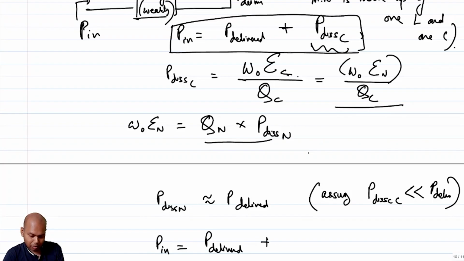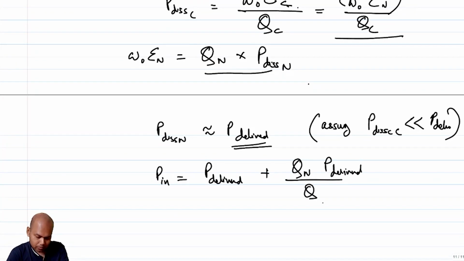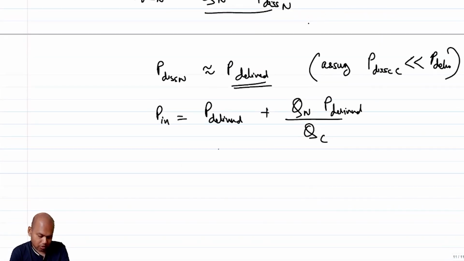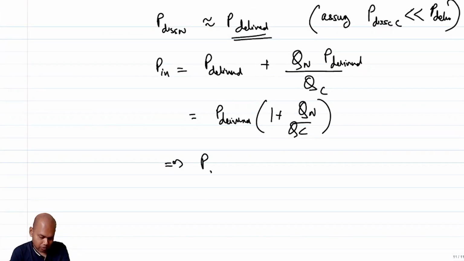And power dissipated in the network is equal to P delivered. So essentially I am getting Qn times P delivered over QC. So now this becomes straightforward: power delivered times 1 plus Qn over QC, which means that power delivered is equal to P in by 1 plus Qn over QC.